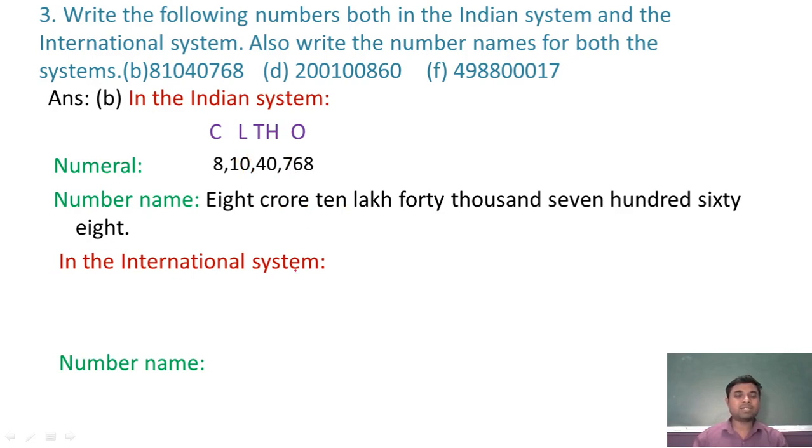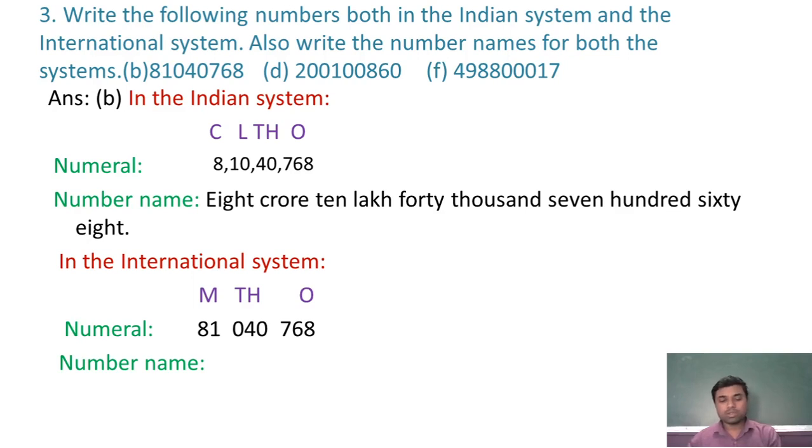And in the international system, what will it be? You have to give commas here, or you can give space. First for this, then for this. This is ones, this is thousand, and this is million. So you can put these commas also.